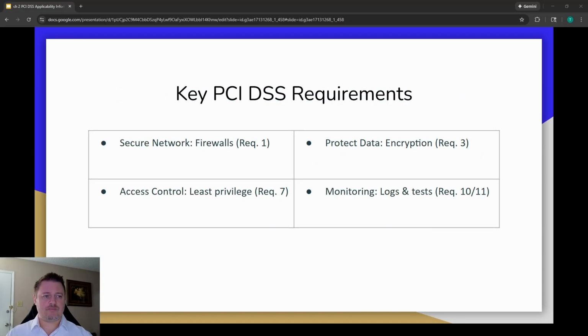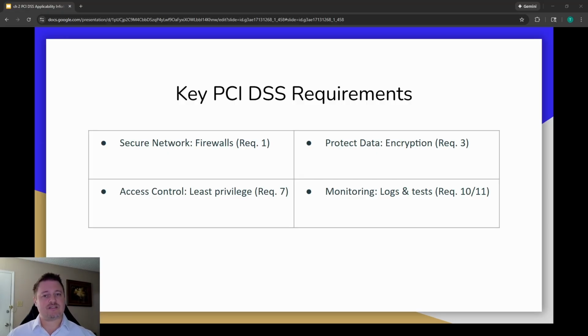Here are some key PCI DSS requirements. These are going to be the big four. If you skip one, fines await you. 80% of the breaches come from weak access controls. Use firewalls to secure your network. Use encryption to protect your data. Use least privilege for access control, meaning give access to people that need it and deny everyone else.